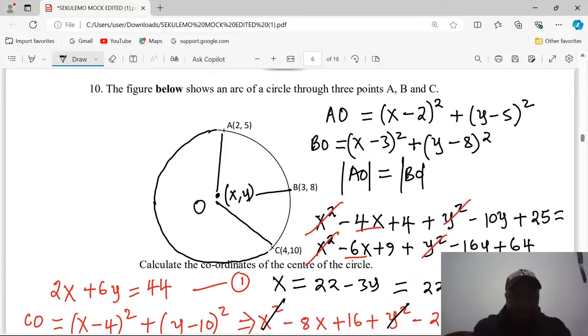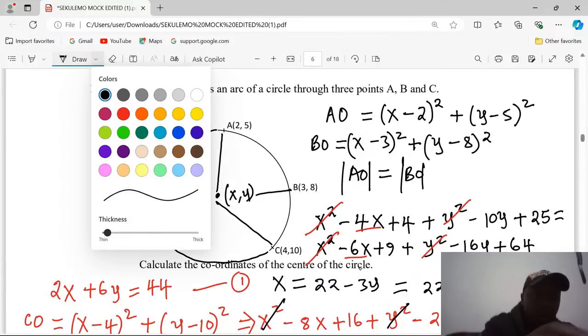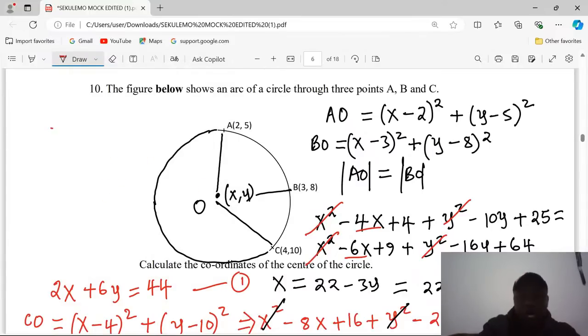We can all agree that when we connect A to B, we shall get a chord to that circle through those points. That is a chord. And we all know that in case a chord is bisected perpendicularly, that bisector of the chord will pass through the center. All bisectors of chords pass through the center.